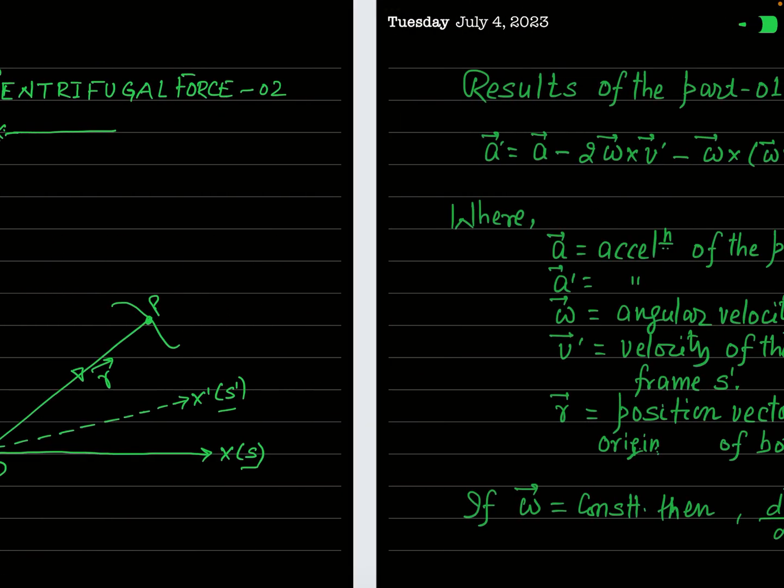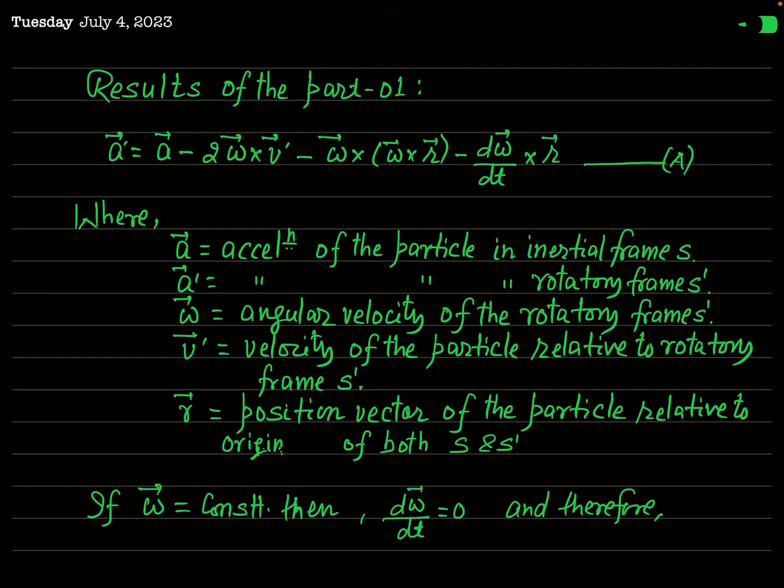And you have seen that the acceleration of the particle with respect to the rotating non-inertial frame, which we denoted by the symbol A prime, was equal to A minus 2 omega cross V prime minus omega cross r minus d omega by dt cross r. This was the relation which we derived in the first part of this lecture.